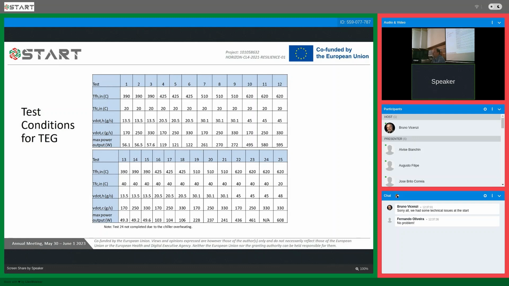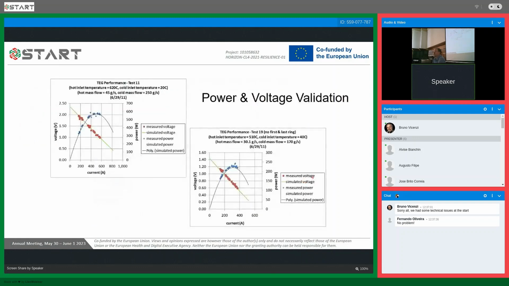I'll now show you some of the results from those tests. So the dots are the actual test results. This is the power that was created. And the straight line, declining straight line, is the voltage. And the simulated results are actually the solid lines that go through those points.